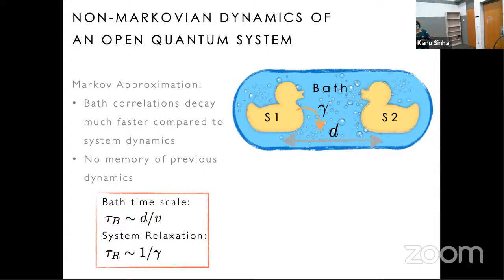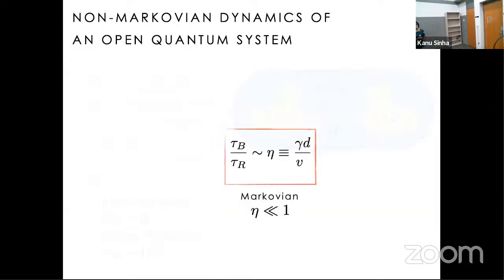We can therefore define a bath timescale, which is d over v. If we take the ratio of these two timescales, that allows us to define a dimensionless parameter, which tells us that the system is Markovian when this ratio is much, much smaller than 1. And this is really interesting because it allows us to see different origins of non-Markovian dynamics.